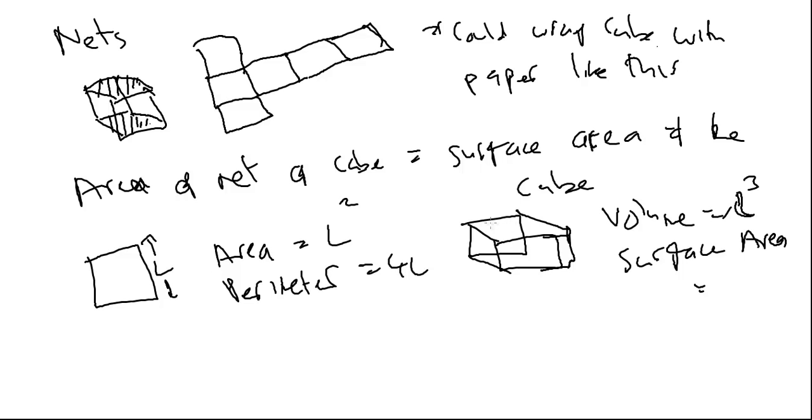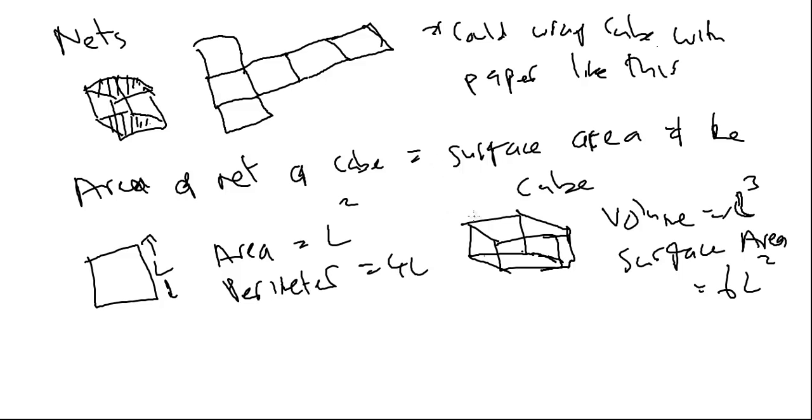So we have a face on top, a face below, and 4 faces along the middle. So the surface area is equal to 6L squared, because each of the faces is a square with area L squared.